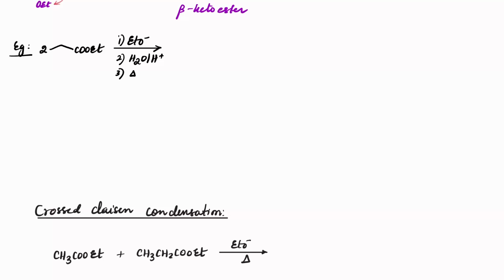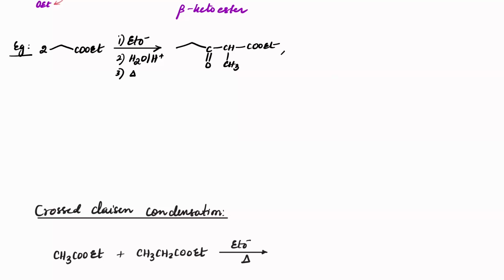So, if I take 2 moles, first let me write down what the product is. The product is C double bond O, and then we know that this OEt has been replaced by the second mole from the alpha position. So we will have a methyl here, and this will be CH COOEt with a methyl group on it. So this is the compound that we have, correct?